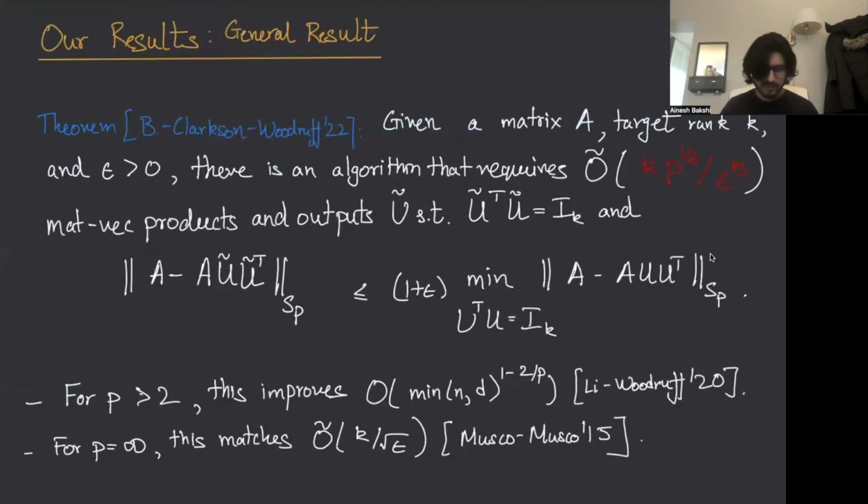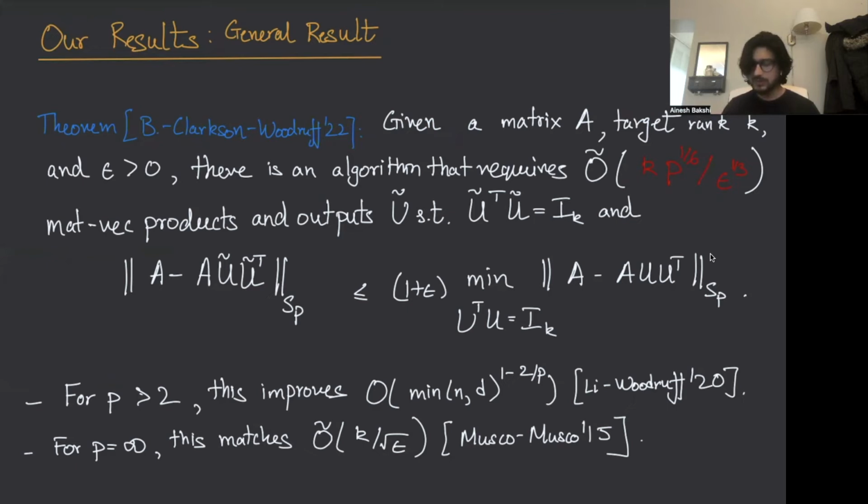For the setting where p is greater than 2, this improves the sketching-based algorithm, which has a dependence on the dimension. So note our matrix vector products are independent of dimension, whereas the sketching version for p greater than 2 is dependent on dimension, and we improve on this result.